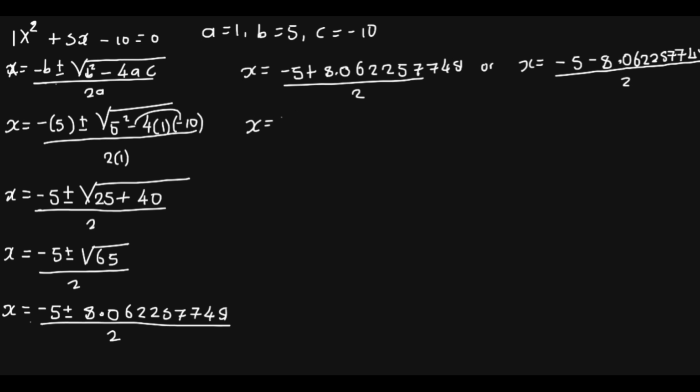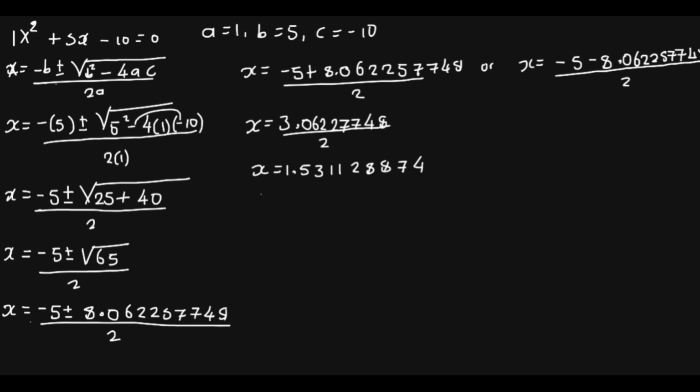So we can now add. So here we are going to have 3.062257748 over 2. If you divide by 2, we have 1.531128874.